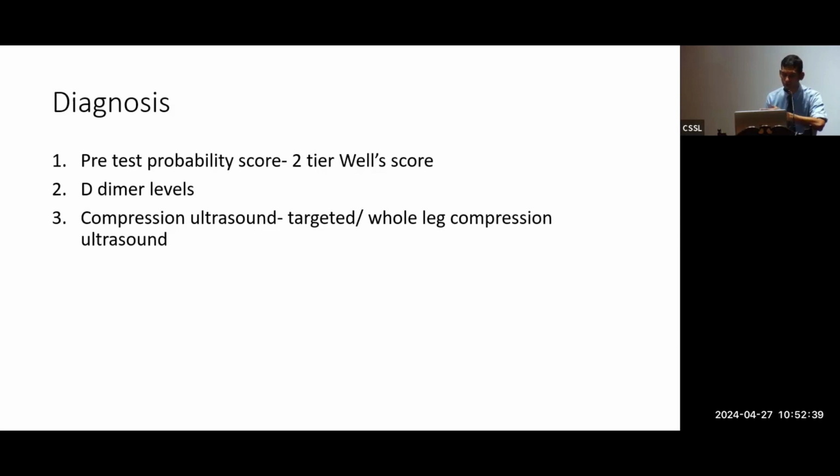On the other hand, the whole leg compression ultrasound scan will take more time, and you need a good quality ultrasound machine and more technical expertise to assess the calf veins. But you tend not to miss a calf vein DVT with this technique. When you combine all three components together, you can diagnose DVT with a high specificity.